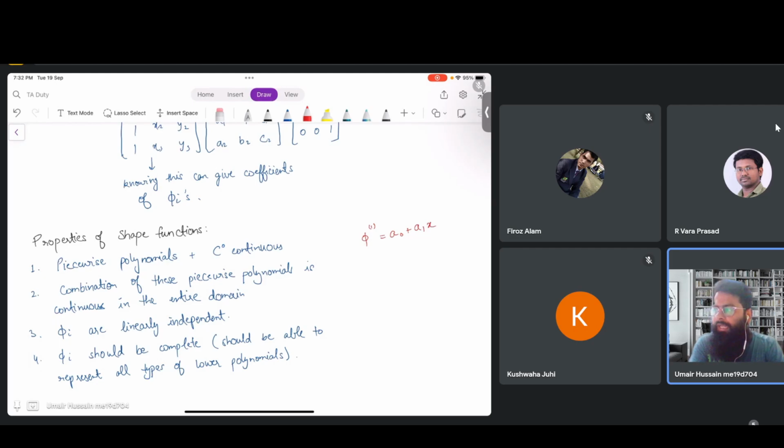If it's just 1D, then this much is fine, but if it's 2D, then we also need more terms. Okay, in the same way, if we are defining a second order polynomial, a complete second order polynomial should have a zero degree term, first degree term, as well as second degree term. So that's what a complete polynomial is.